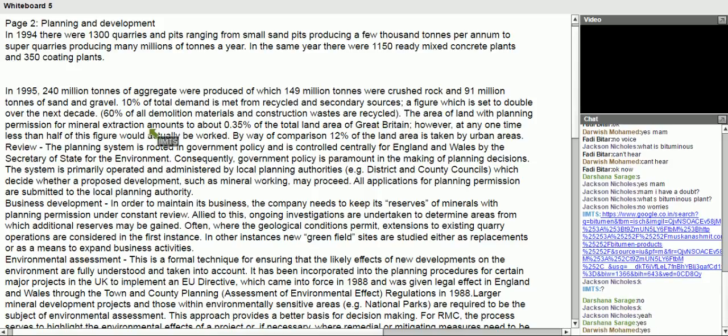Okay, the area of land with planning permission for mineral extraction. See, science is quite advanced now, and without extracting minerals you just cannot live a lavish life. Obviously, a lot of things are being found. They even extract gold, they extract diamonds. Okay, they have got mines for the same.